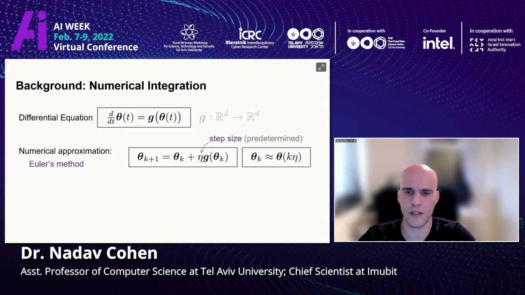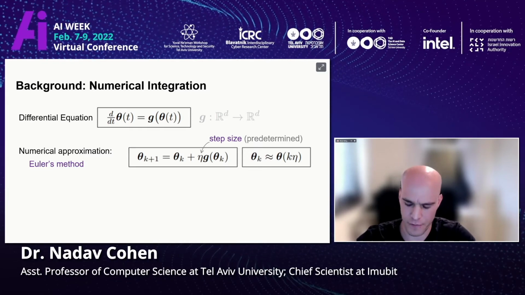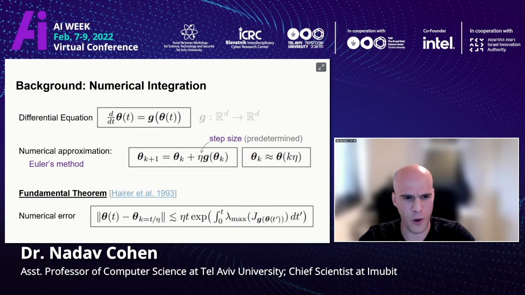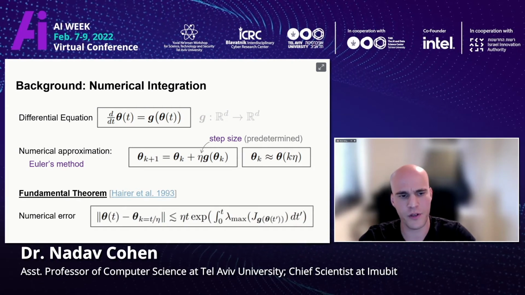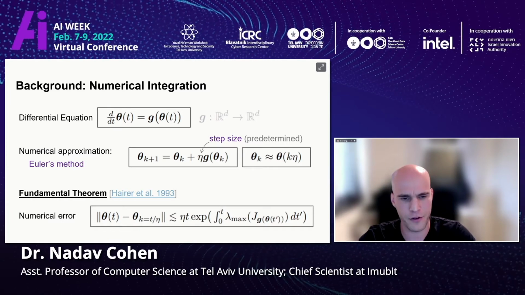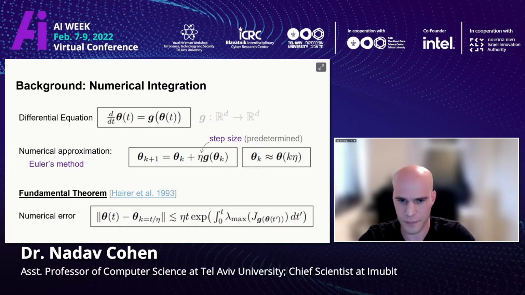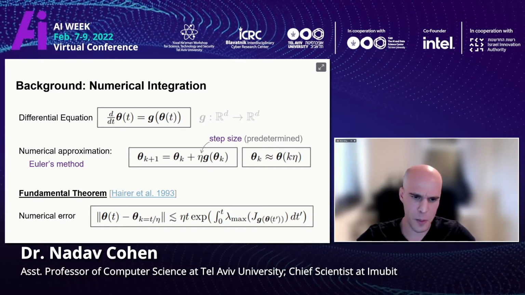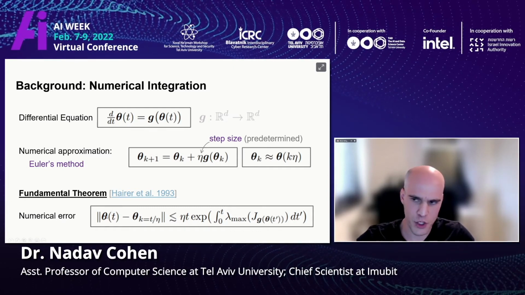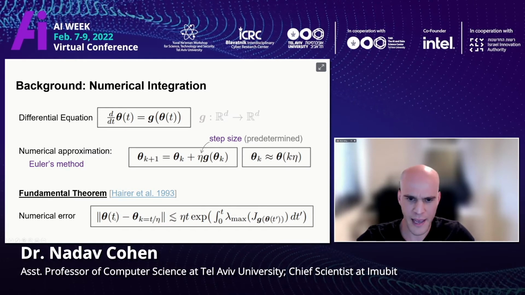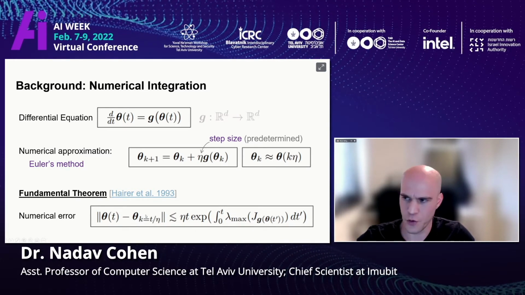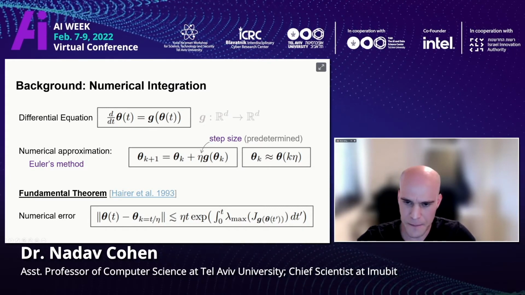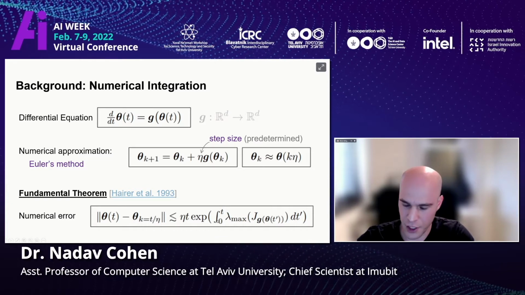And there are various results bounding the approximation error of Euler's method. From our perspective, a very interesting result is as follows. It's called the fundamental theorem. It's a relatively recent result from the late 20th century. What it says is the following. The distance between the true solution at time t and the corresponding iterate of the numerical approximator is upper bounded by eta times t times exponent of an integral.